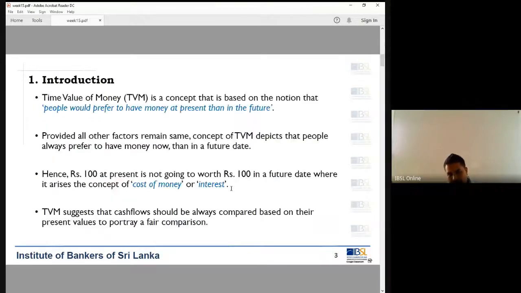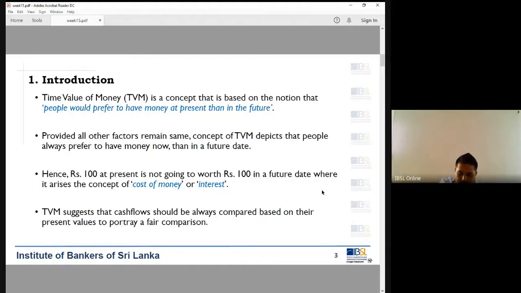Okay. So first, this is the most important concept that we are going to discuss today, that is on the blue color. The people would prefer to have money at present than in a future date.